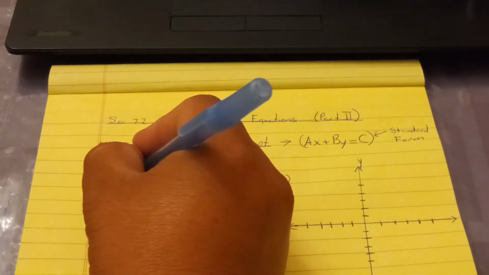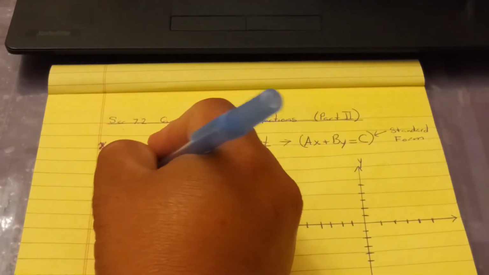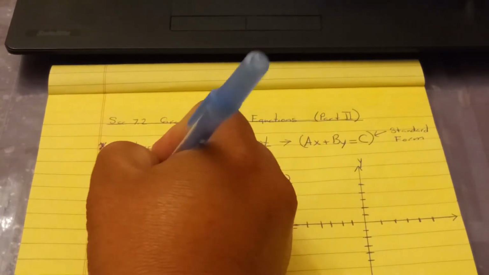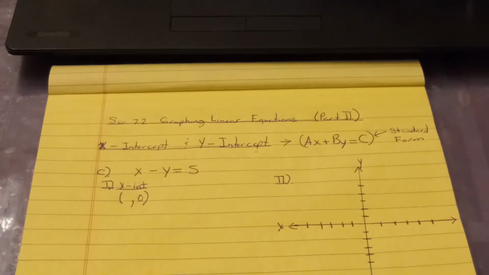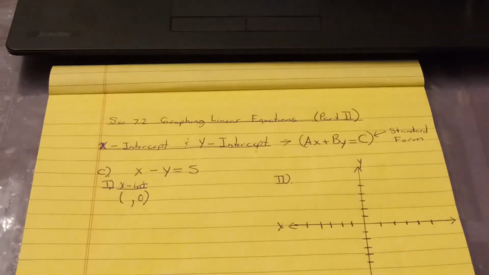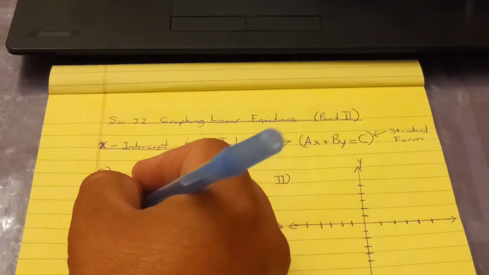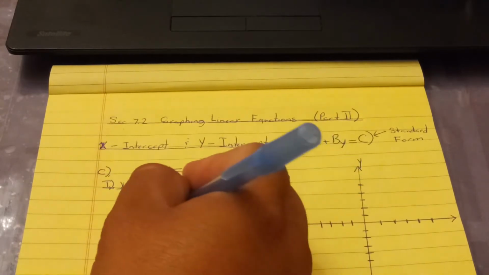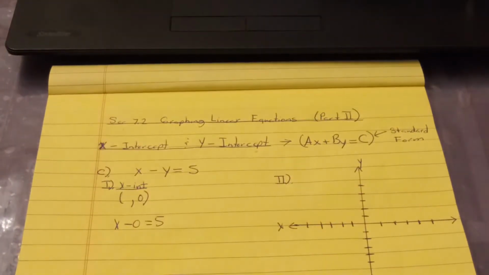For the x-intercept, what you're going to do is you're going to let y equal 0. Once again, you're solving for x here. So you substitute the 0 in there. So this will be x minus 0 is equal to 5. And x minus 0 is just simply what?